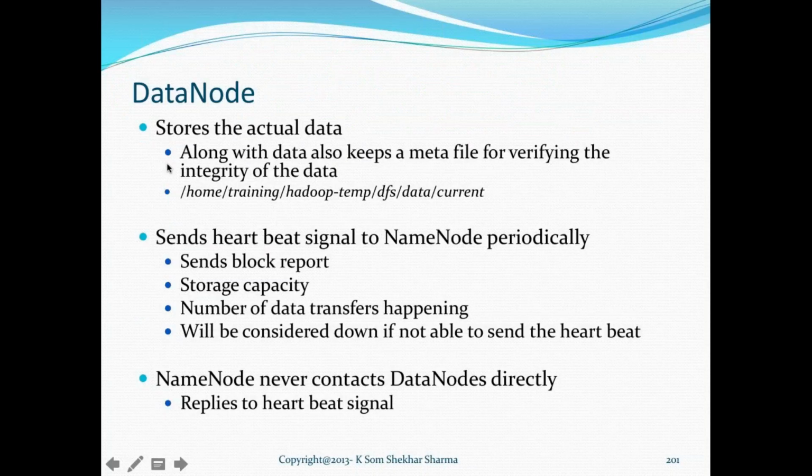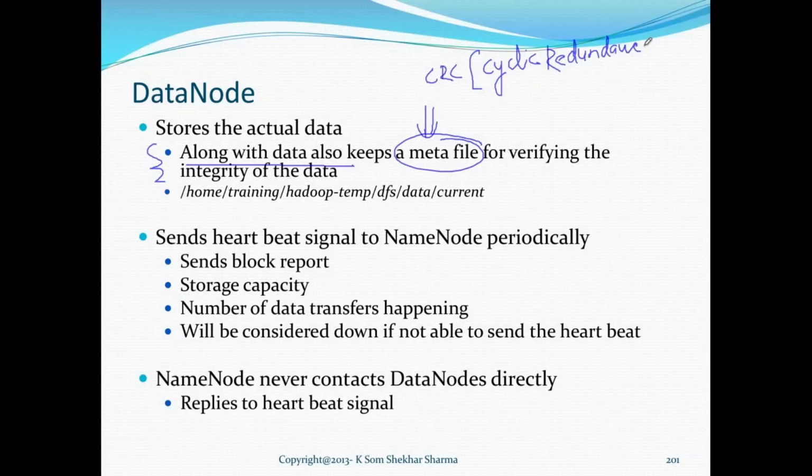Along with the data file, you will also see a .meta file. Along with the block, you will always see a meta file for verifying the integrity of data. This is your CRC file. CRC stands for cyclic redundancy check file, for verifying the integrity of the data.